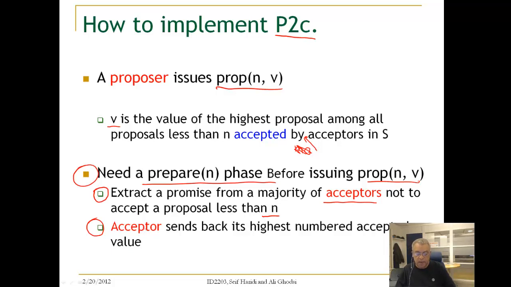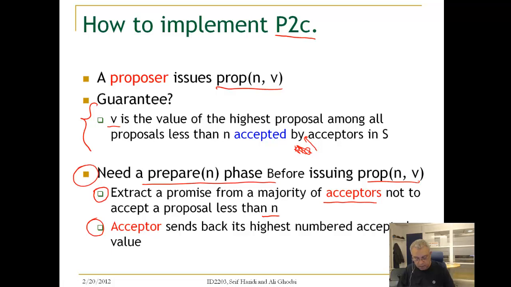From these values, the proposer can choose the highest among these. If we do that, because the acceptors promised not to accept a proposal less than n, we can guarantee that v is the value of the highest proposal among all proposals less than n accepted by the acceptors in S. So this is the algorithm that we need to guarantee this property.